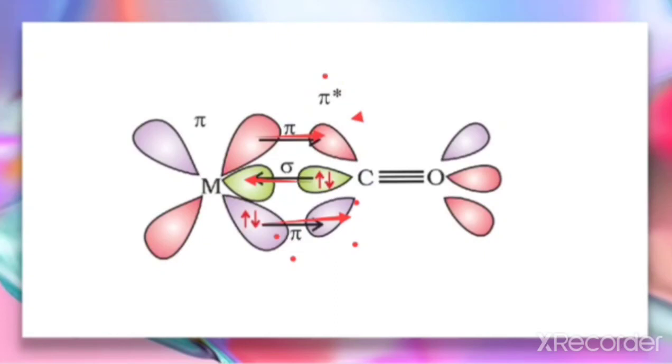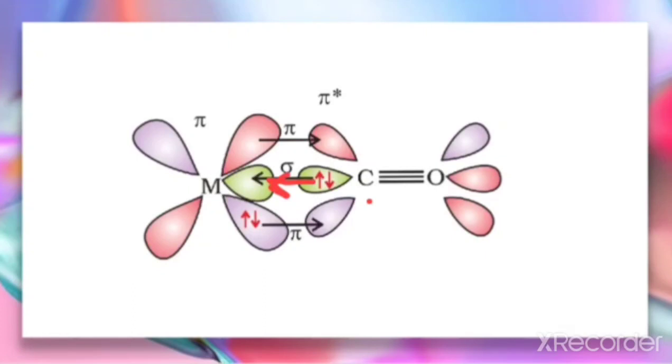So this results in the formation of pi bonding, that is shown here. So here there is a sigma bond formation, and also the formation of a pi bond. The sigma bond formation takes place when the ligand contributes the electron for bonding, that is, donation of the lone pair of carbon monoxide to the central metal atom.